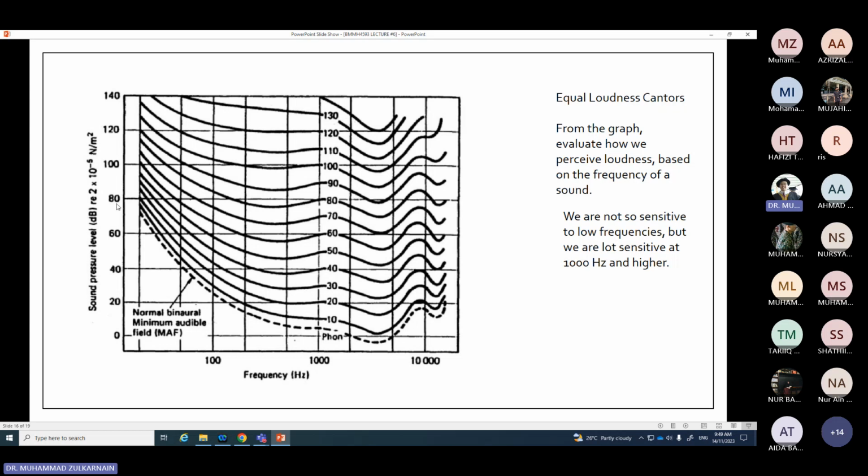It means that when plotting the sound pressure, starting at low frequency it is almost 120 decibels, but as the frequency increases, the decibels reduce. That's what the pattern looks like.